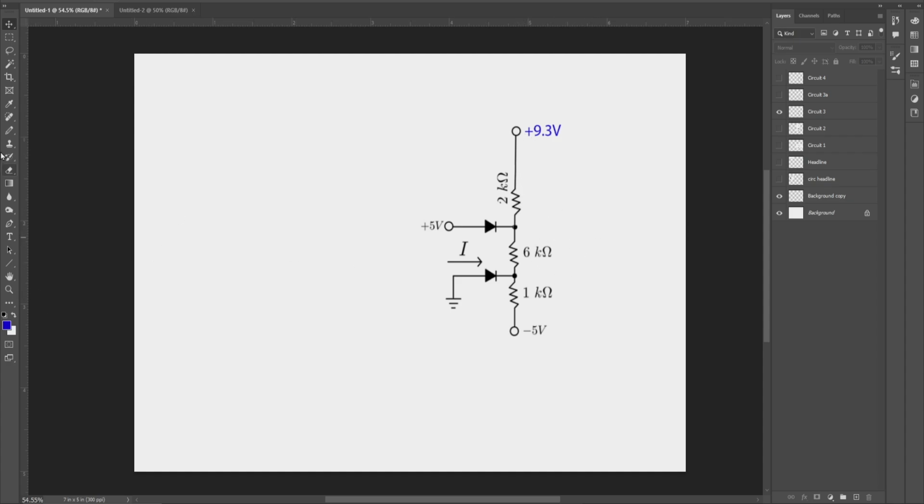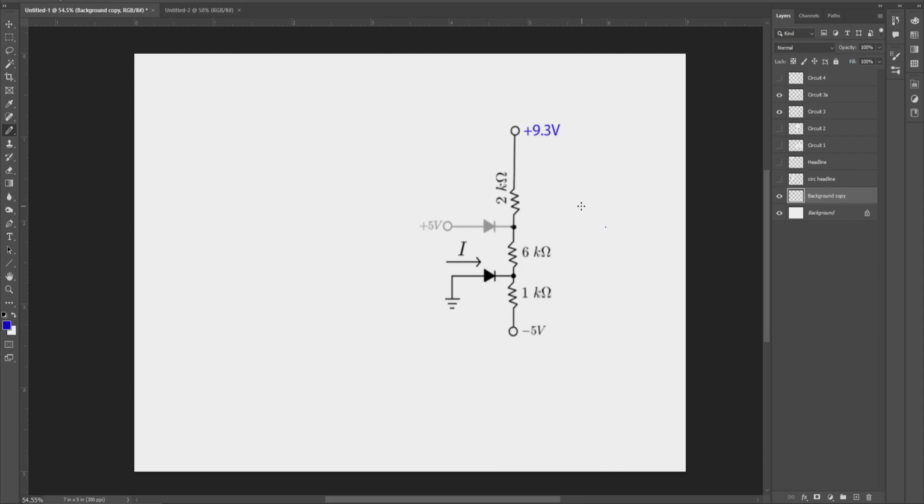We do have 2 kilo ohms against 9 kilo ohms, because 2 plus 6 plus 1 gives us 9 kilo ohms total. That means I'm just going to make that diode almost disappear, so we are out of that circuit. Let's see, without that diode, what voltage this point is going to sit at.